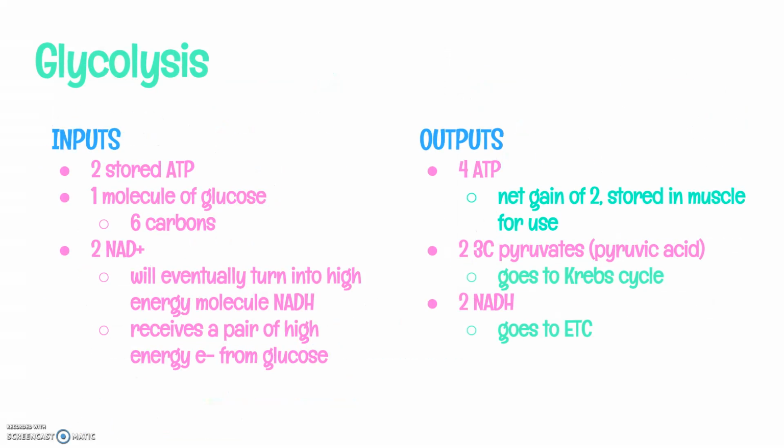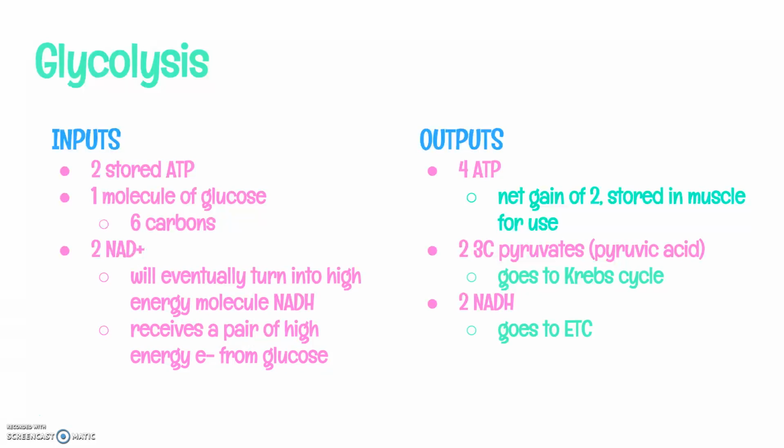The first step of any respiration, whether it be aerobic or anaerobic, is glycolysis. The inputs of this: 2 stored ATP that the body already has, 1 molecule of glucose, which has 6 carbons, and 2 NAD+. That is a low energy molecule, but you'll see in the outputs it turns into NADH by receiving a pair of high energy electrons from glucose.